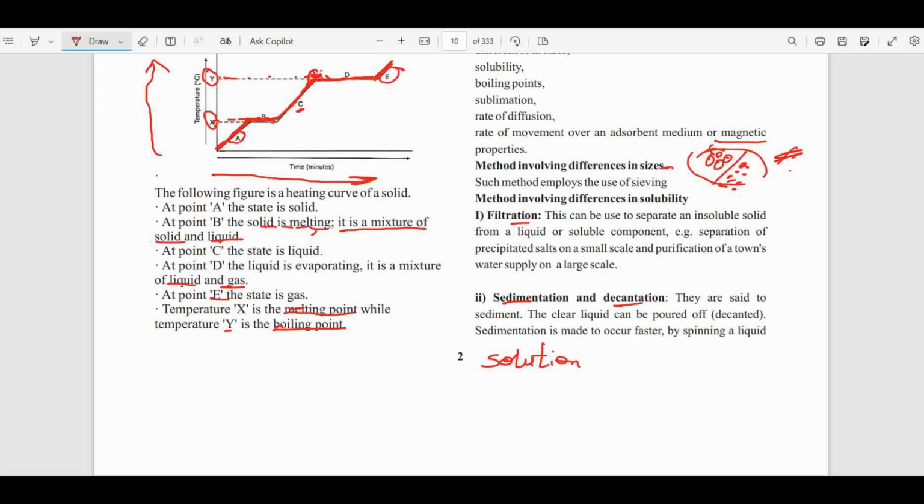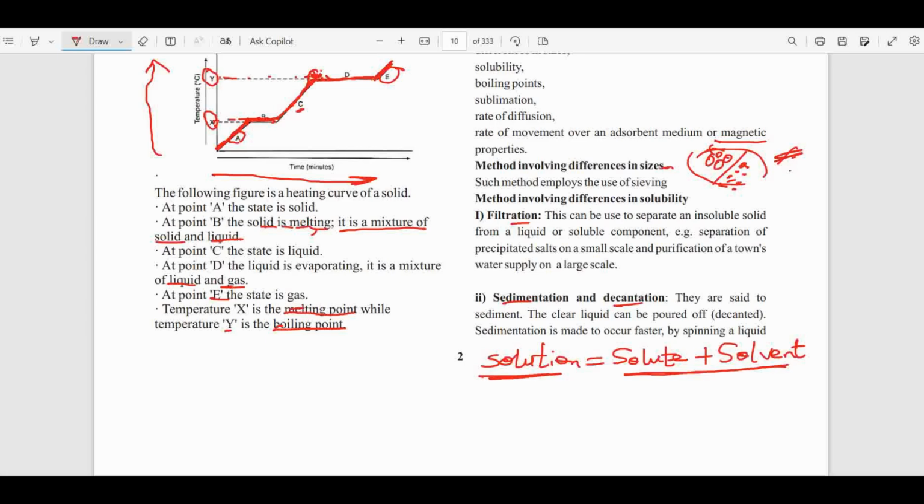A solution equals solute plus solvent. Solute is what you are dissolving, and solvent is the medium that is dissolving what you are dissolving. I hope that makes sense. And what these two form will then become the solution.